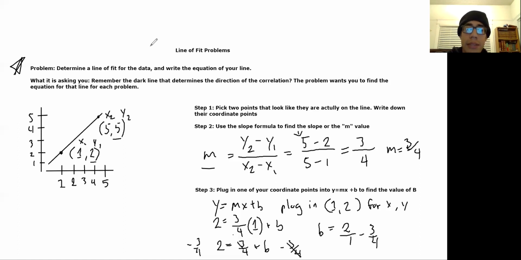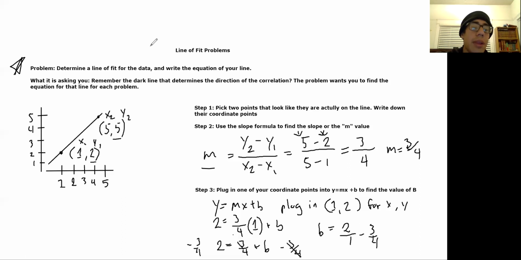That's where I got that from. And then I have x2, which is 5 again, minus my x1, which is 1. So I have 5 minus 2, which is 3, and then 5 minus 1, which is 4. So I have 3/4. My m value, my slope, is 3/4.